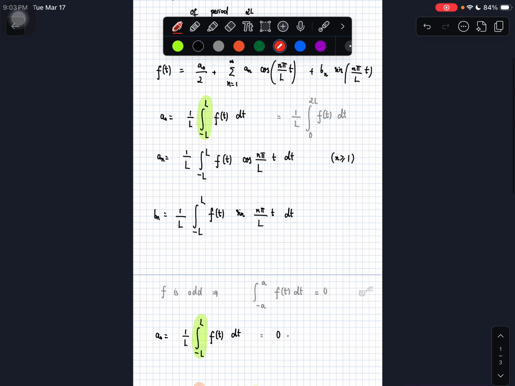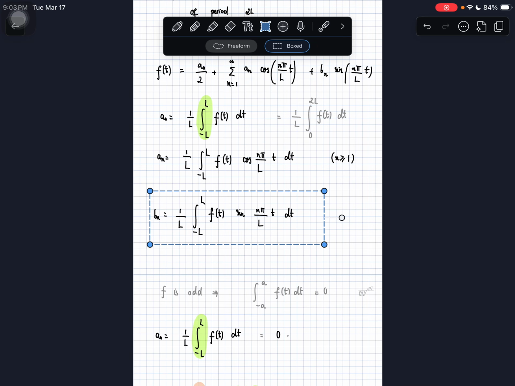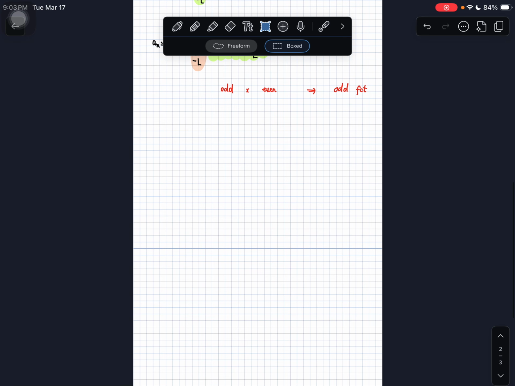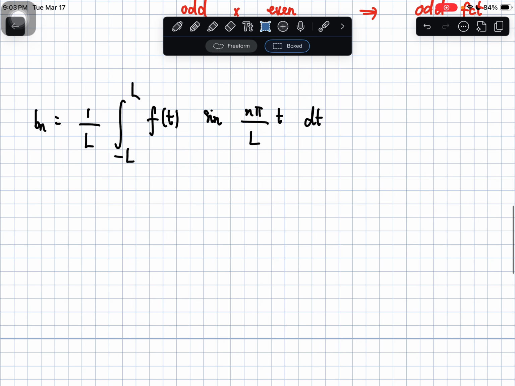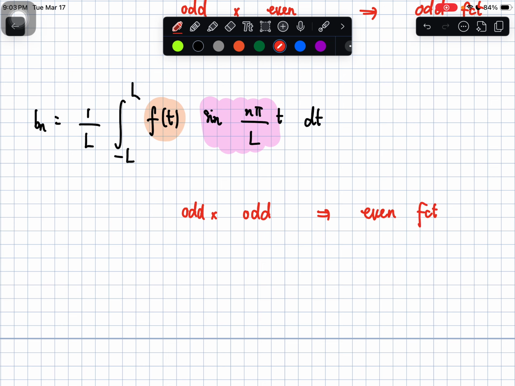And we have bn. This is odd. This is also odd. Odd function times odd function, you have an even function. This one is even.